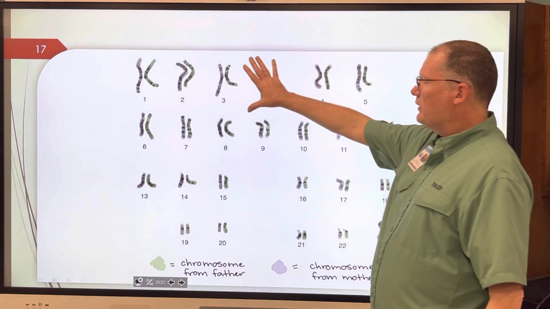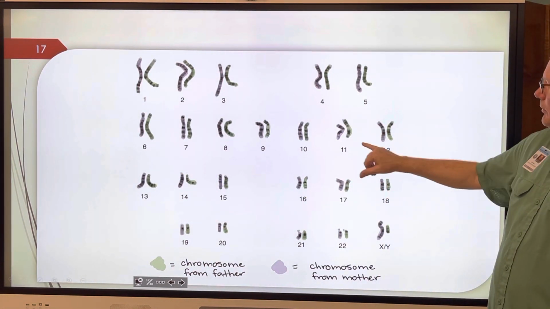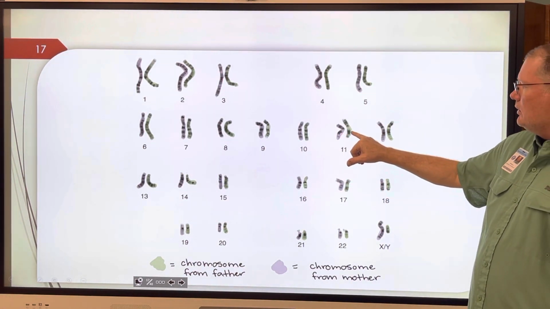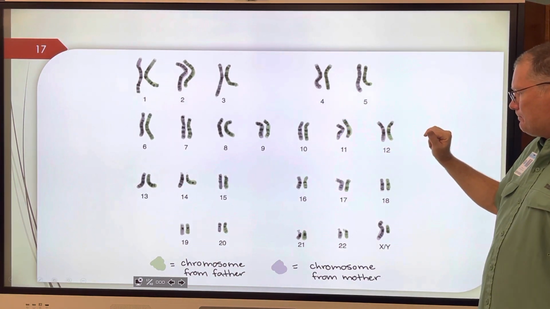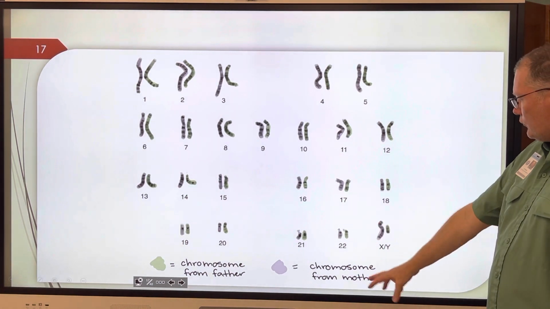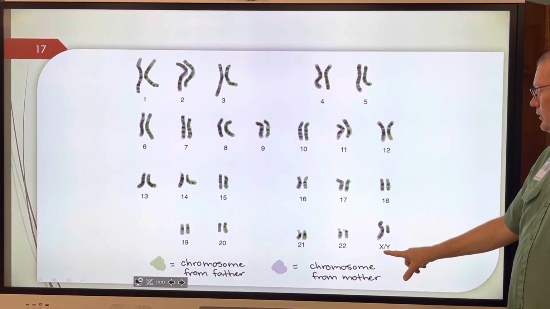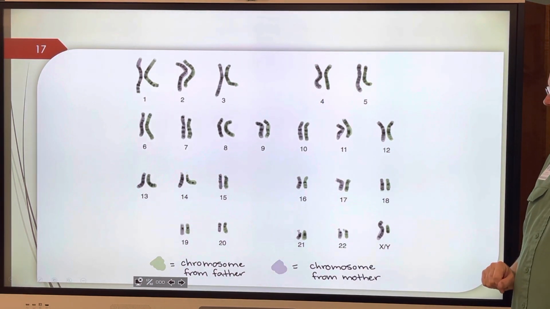And so this is what human beings' chromosomes might look like. I'm not sure if you can tell, but there are pink and green, or purple and green. The green ones are chromosomes from the father. The pink ones are chromosomes from the mother. And you have a total of 46, including the X and the Y chromosomes.